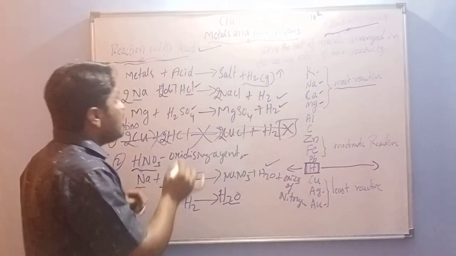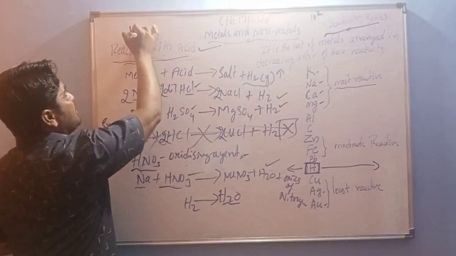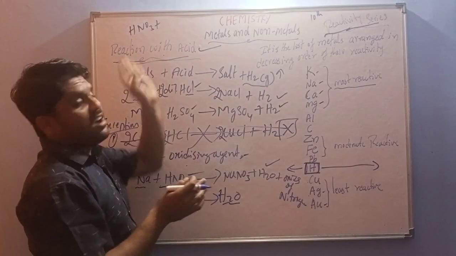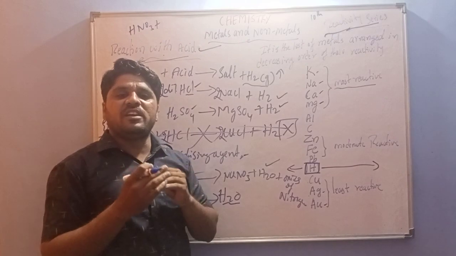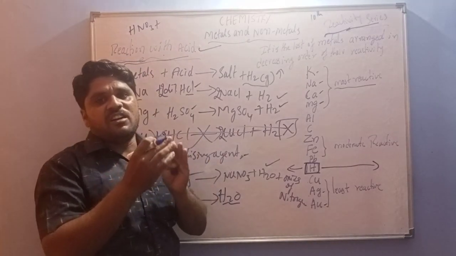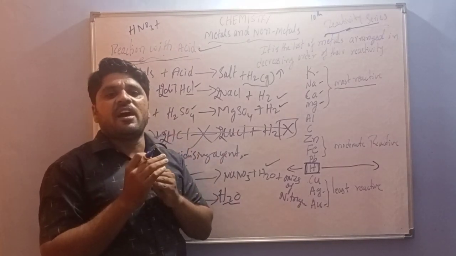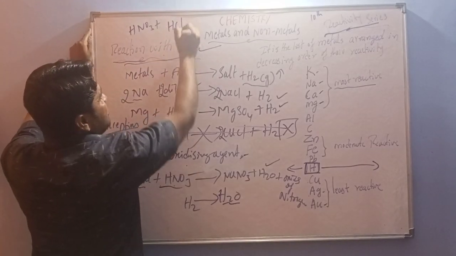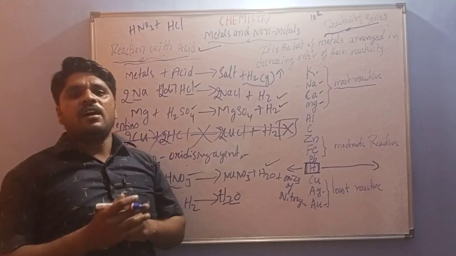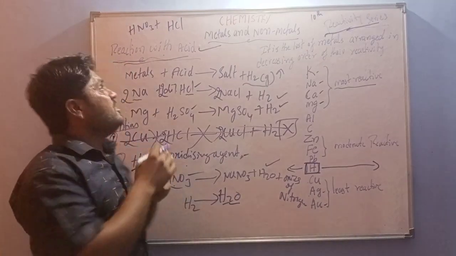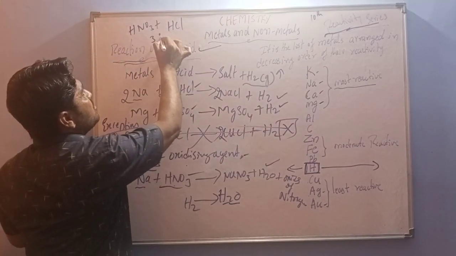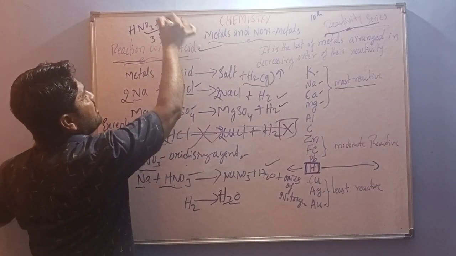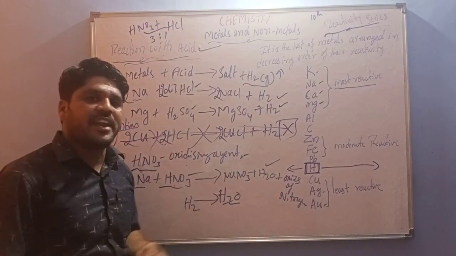One more thing: HNO3 is a strong acid. And from aqua regia, we know that aqua regia is hydrochloric acid, HCl, and HNO3 in the ratio 3:1. This mixture of HNO3 and HCl is called aqua regia.